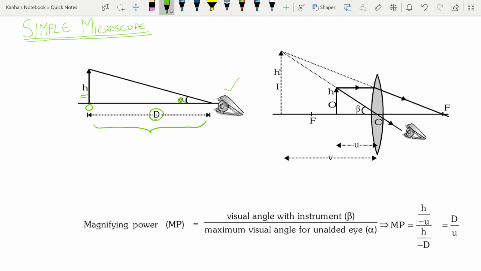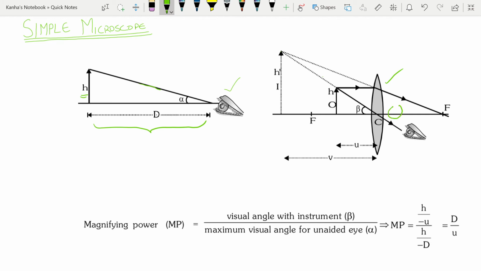Now if I place a lens in between these two, my light rays will come, and because it's a convergent lens, some of them will be converging somewhere around here, or they might seem to diverge from a point somewhere here, that I've shown in the second diagram. So in the second diagram, I've placed a lens in the path between your eye and the object.